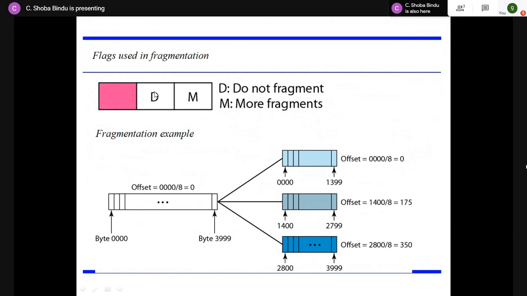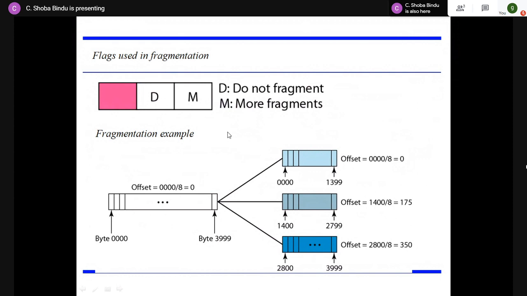So if this bit is set to 1, it indicates that if at any network it cannot deliver this entire fragment, it cannot be further fragmented. That will be decided based on this don't fragment bit. If this field is set to 1, it cannot be fragmented further.